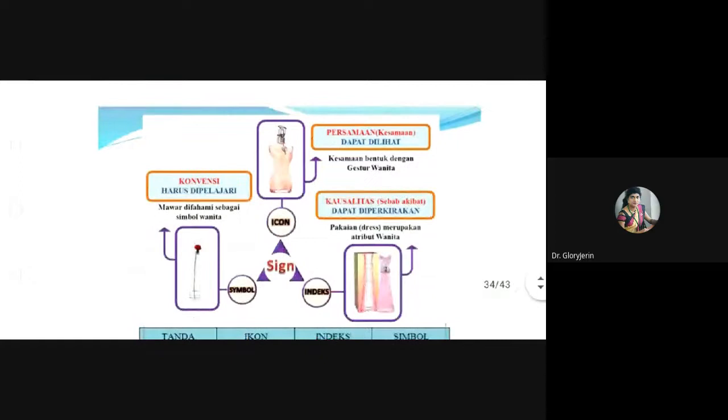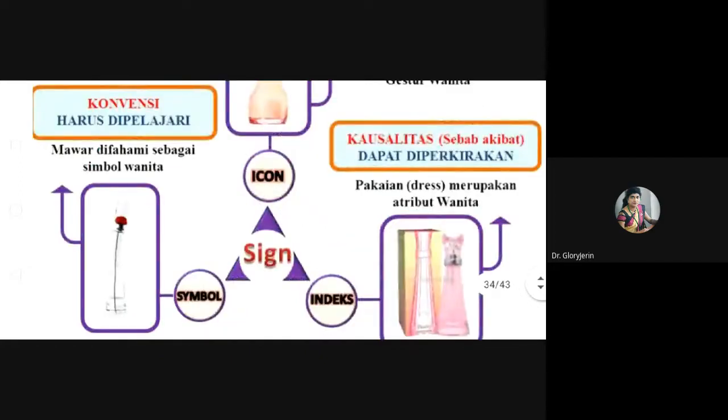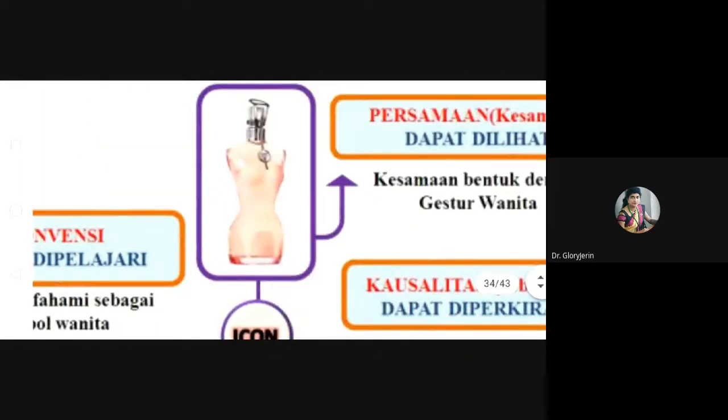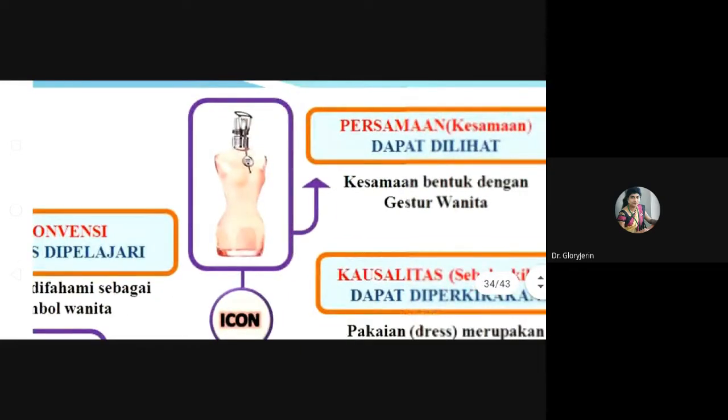This is how we can see iconic: the similarity of the bottle shape and the object, the gesture of a woman. We can see the gesture of a woman in the visual representation on a bottle. This similarity is iconic.